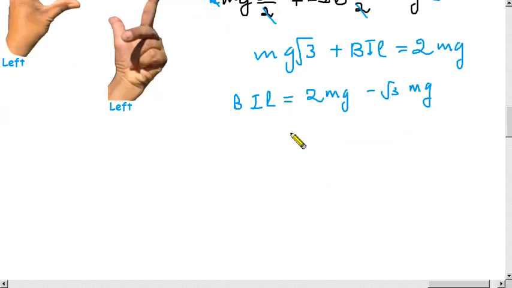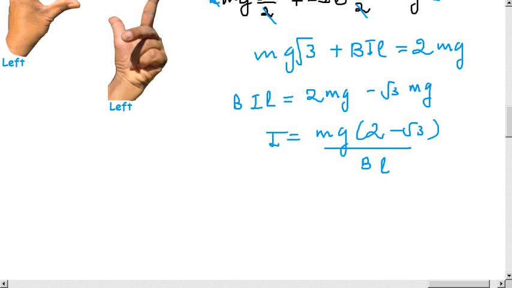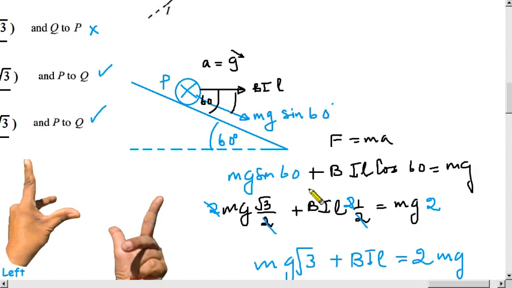Then mg out of the brackets, 2 minus root 3, divided by BL is I. So this should be the answer. So let us check it.